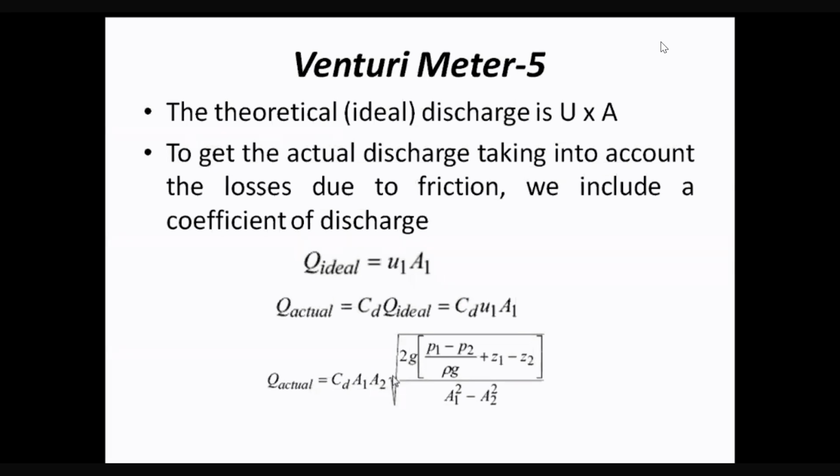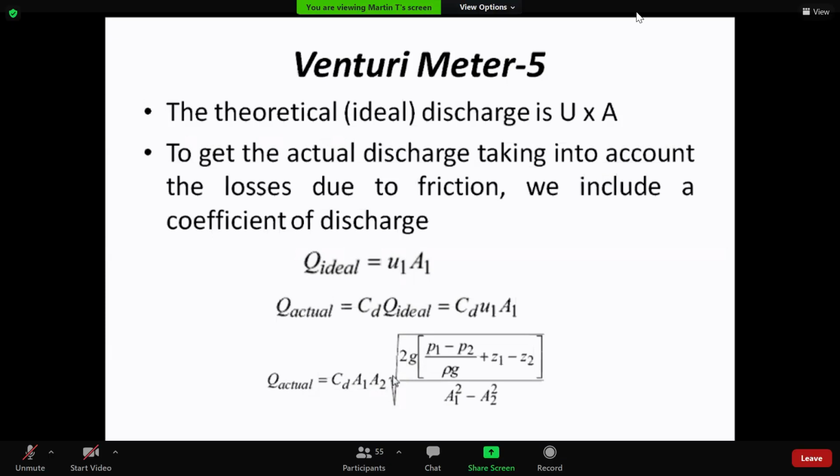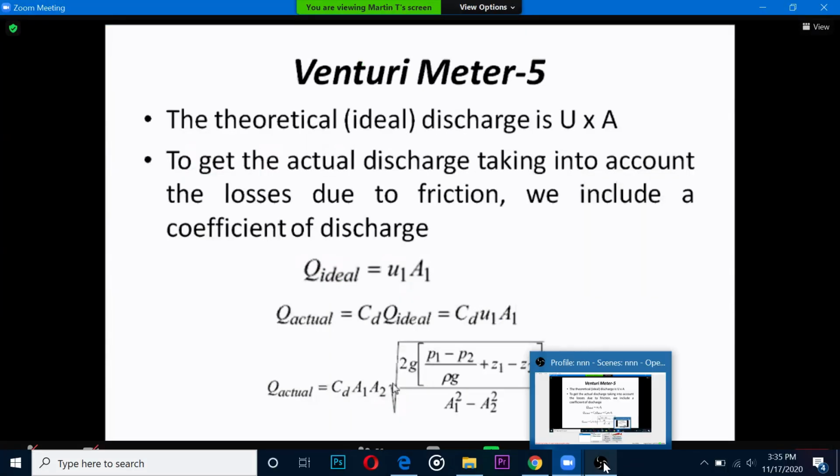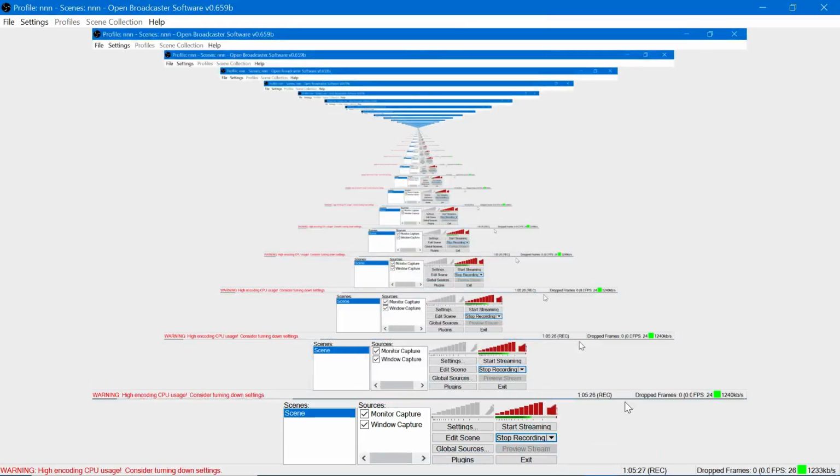So U1 is the velocity at section 1, but we know Q is equal to AV. So Q, which we would call theoretical Q, is equal to U1 A1. We have already computed A1, so you can substitute it. But then the Q actual is equal to a constant, which is referred to as the coefficient of discharge.